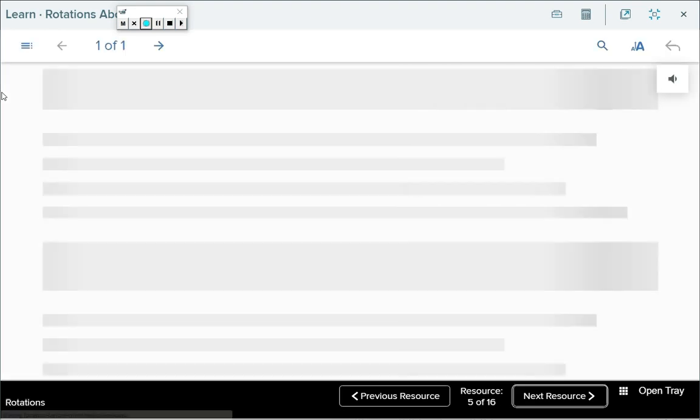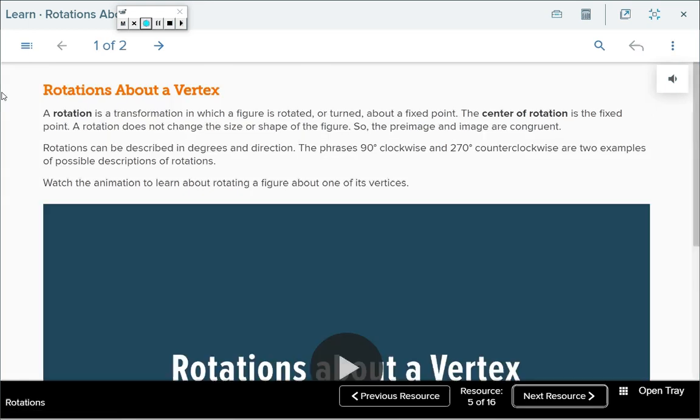Like I was explaining, on a Ferris wheel, a center of rotation is right in the middle. A rotation is a transformation in which a figure is rotated or turned about a fixed point. What you need to write down is: a figure is rotated around a fixed point. The center of rotation is that fixed point.